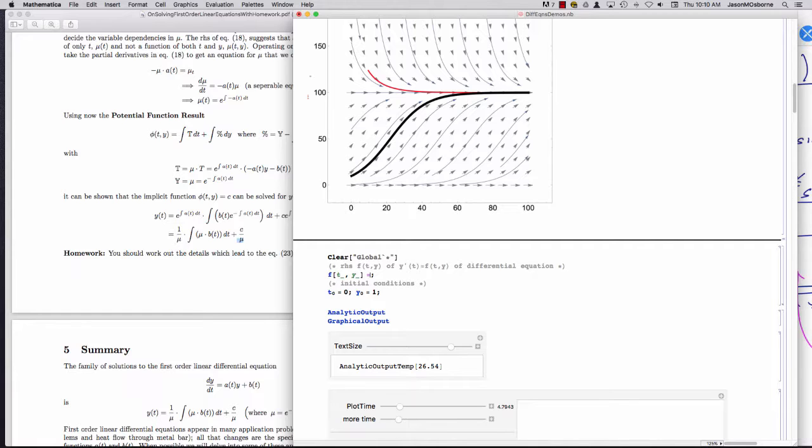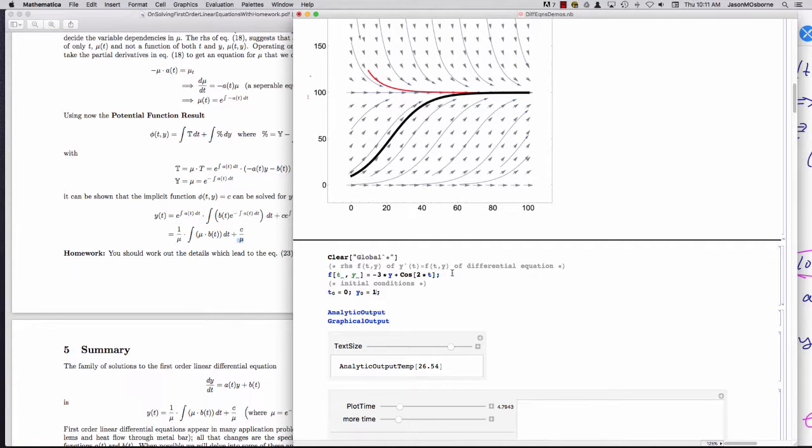Let me remind myself. Yes, y prime equals minus 3 times y plus cosine of 2t. And we decided that in this problem the initial condition was y of 0 is equal to 1 or negative 1.